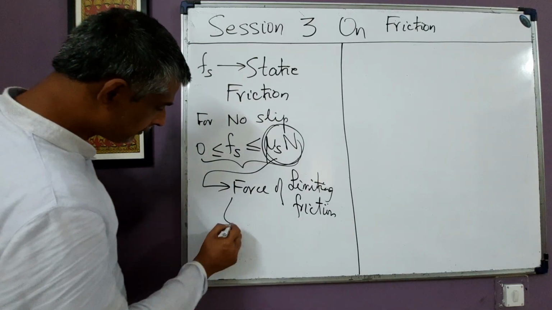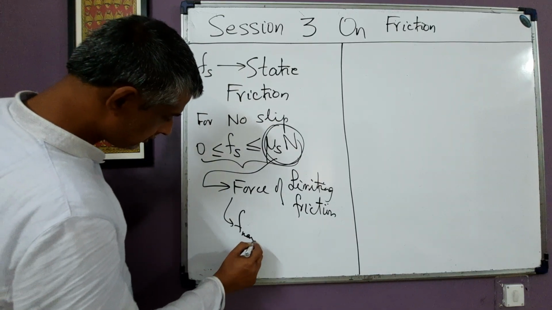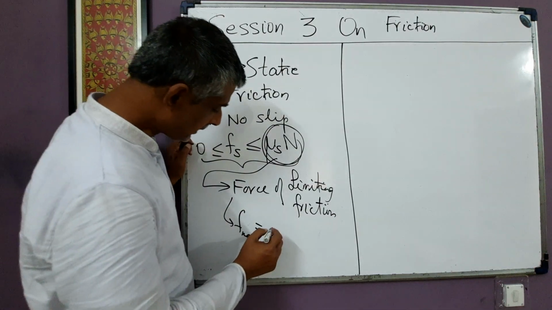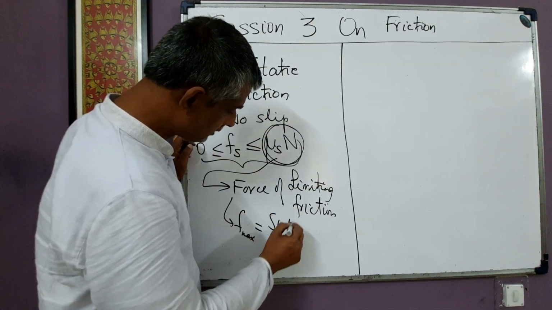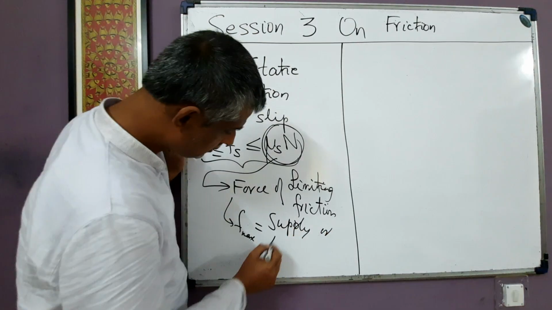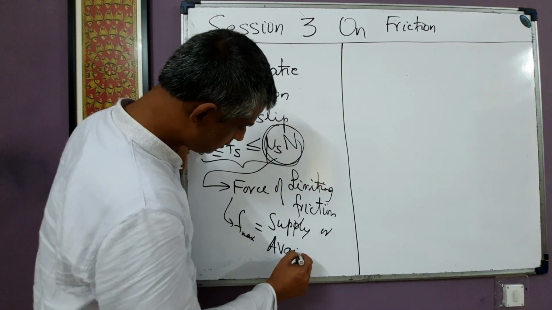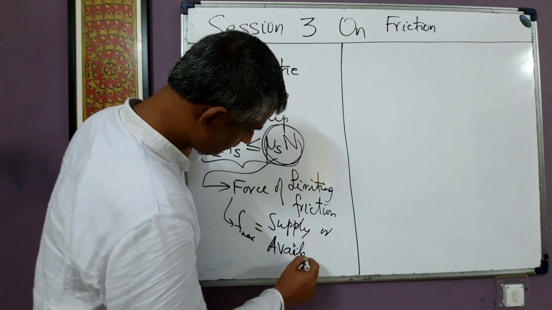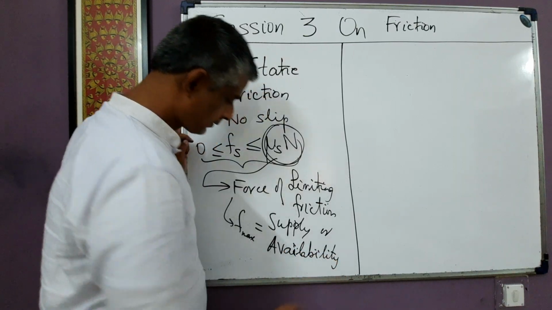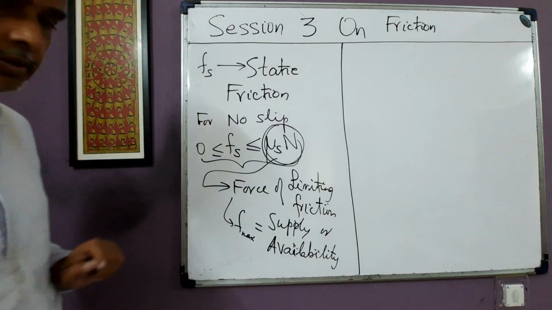It is also sometimes referred to as Fmax, the maximum possible magnitude of static friction. Sometimes we also call it supply, or sometimes availability. Various names are there.